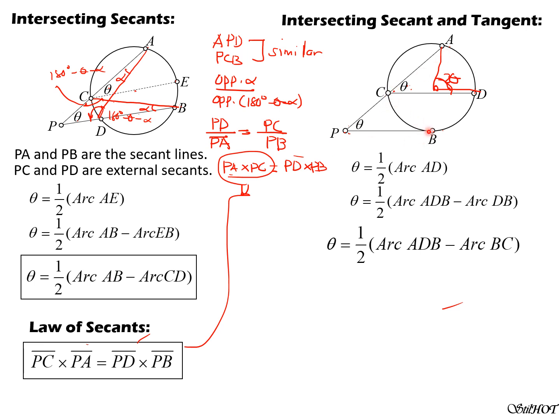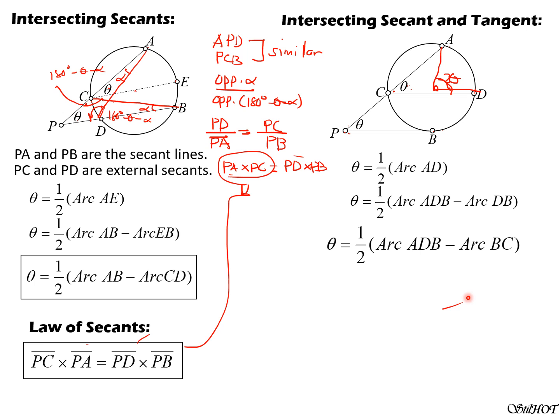There are two arcs intercepted, namely arc ADB, the longer arc, and this shorter arc. The difference of that is the measure of theta, which is half of AD. But this is the complete definition: 1/2 the difference of the angles occupied by ADB and BC.